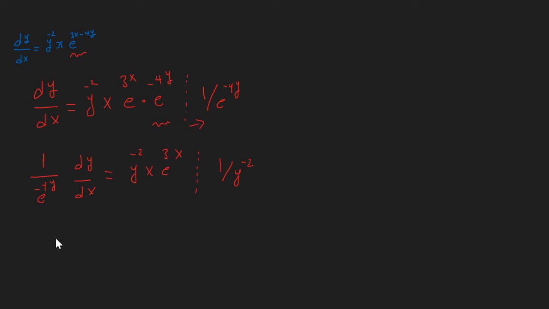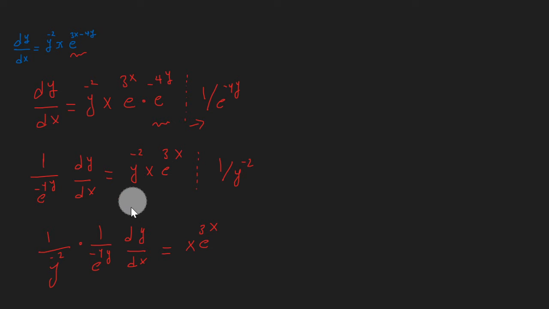I will get 1 over y to the minus 2 by 1 over e to the minus 4y dy over dx equals x e to the 3x, because now this y was cancelled with this one.